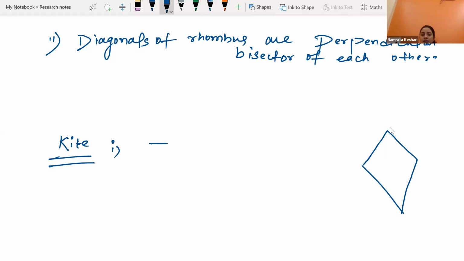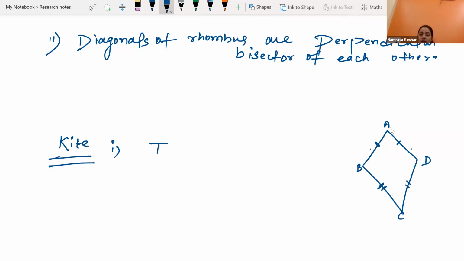The adjacent sides, there are two pairs of sides which are equal in length. So this side and this side are equal in length. AB and AD are equal in length, and you can see in the picture clearly that BC and CD are equal in length.